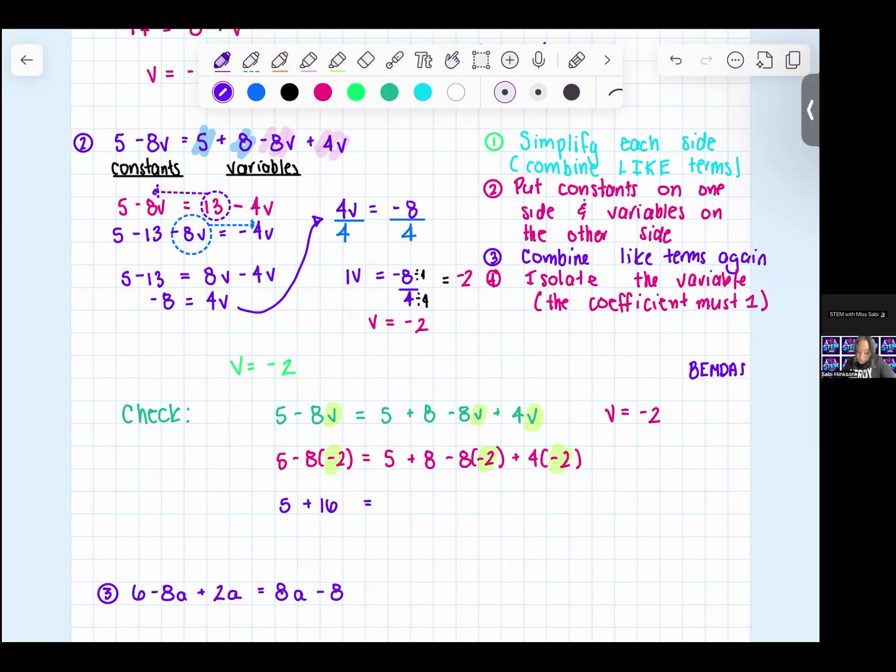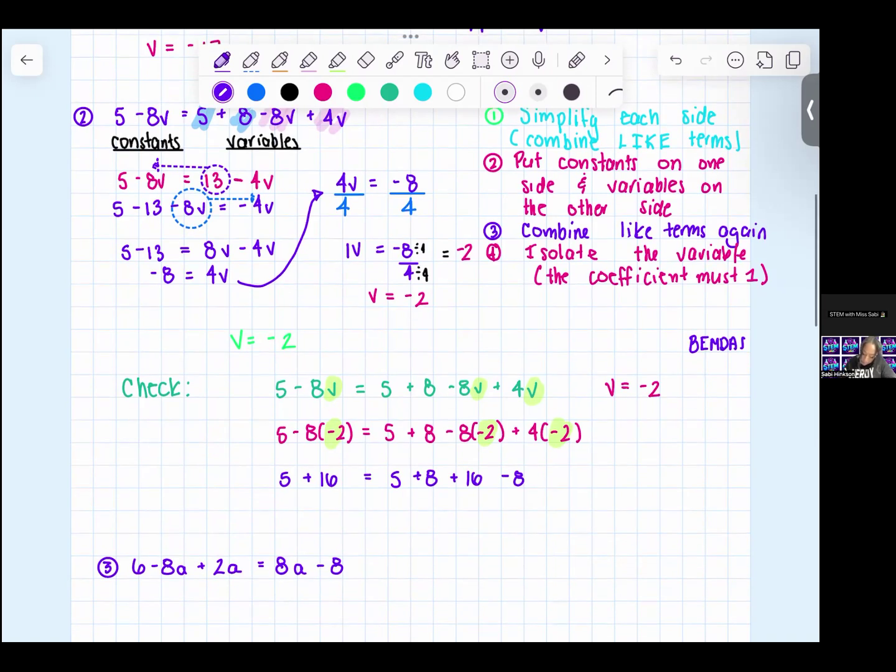A negative times a negative is positive. 8 times 2 is 16. I'm going to leave the 5 and the 8 because I am not there yet. That's addition. So again, -8 times -2 is +16, and then over here, the +4 times -2 is -8.